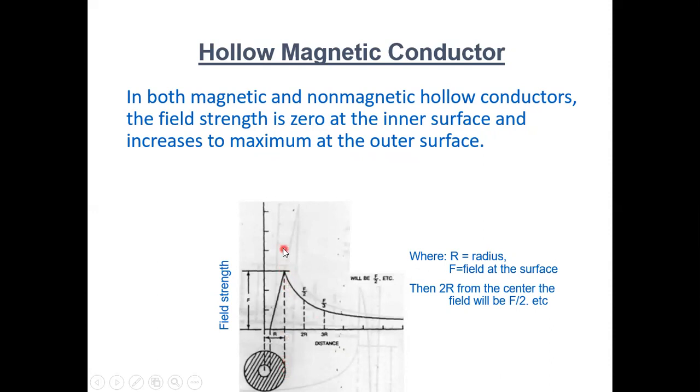Now see, we can consider F here, then F/2, then F/3, and F we get at a radius R. At 2R distance we get field F/2, or if the original field is 100, then at 2R distance we get 50. This is the calculation: as we go away from the conductor, the magnetic field is reduced in this way. In case of 2R, F/2; in case of 3R, F/3. Here R means the radius of the conductor.